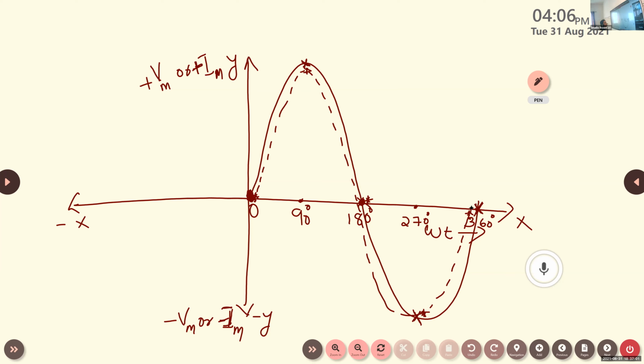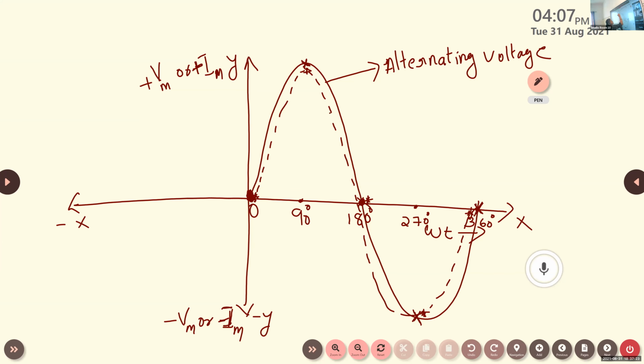Okay, so in the same graph itself, you can represent the alternating source of EMF and that of the current. Here this solid line represents the value of alternating voltage for different phase angles.